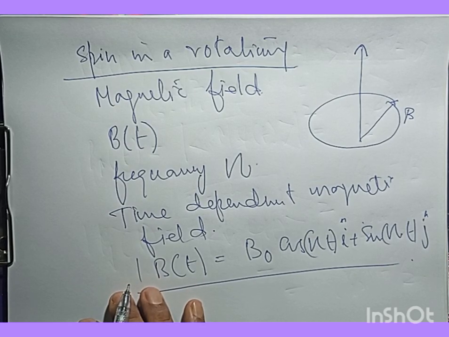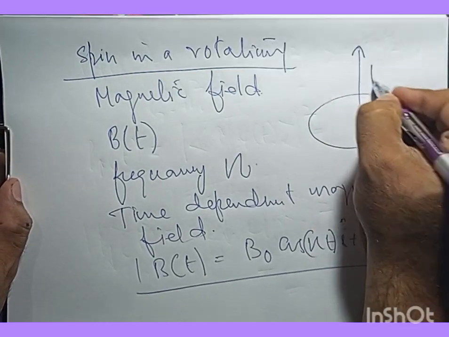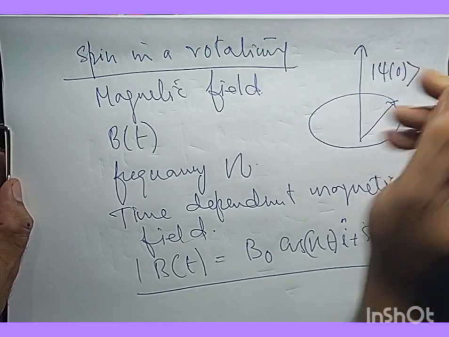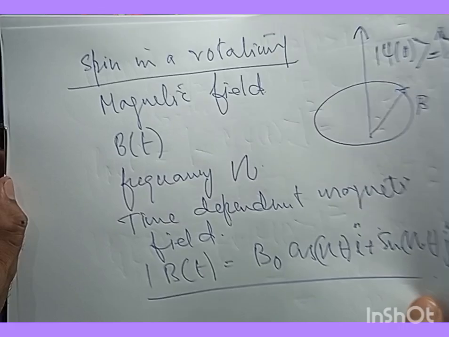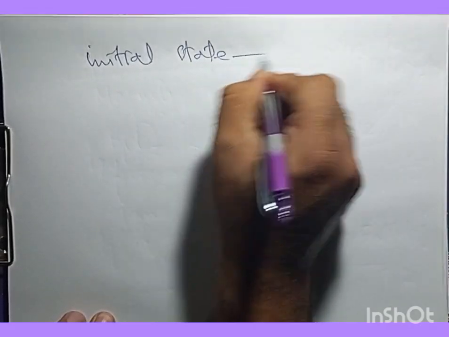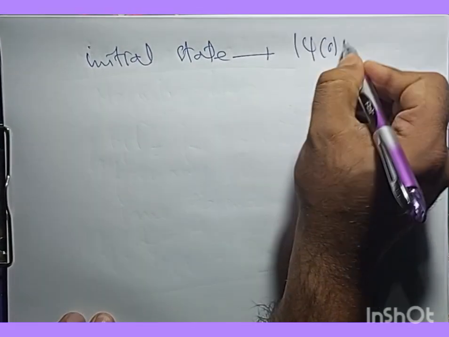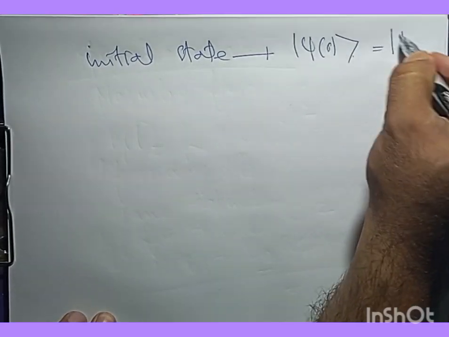Now moving on from here, the initial spin state is aligned along the z-axis, and I write down that initial state as psi of 0, as spin up. So this initial state psi of 0 is represented by the spin-up state.